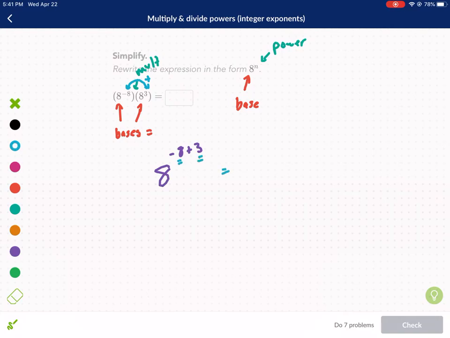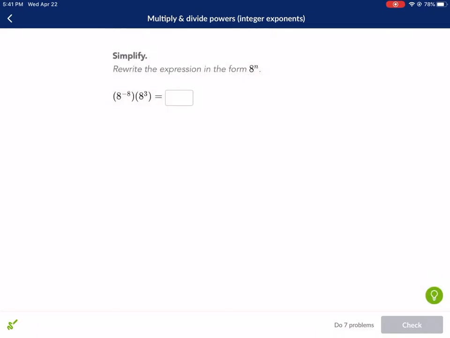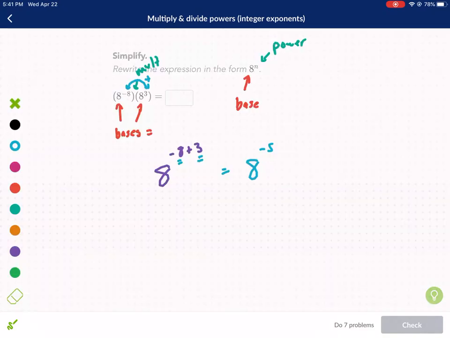Well, what does that equal? It equals 8 to the negative 5th power, where 8 is still our base. Before I show that, let me demonstrate another way of looking at it. Because it's a negative 8, that's the same thing as 1 over 8 to the 8th power.